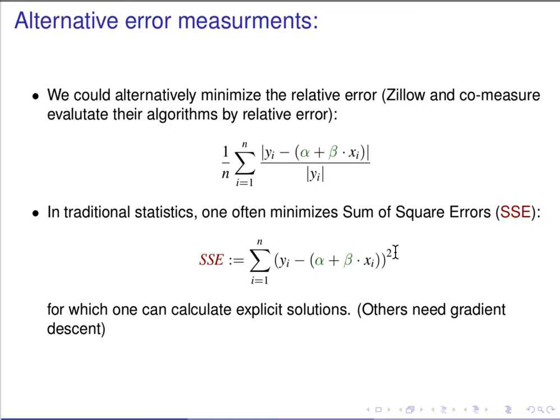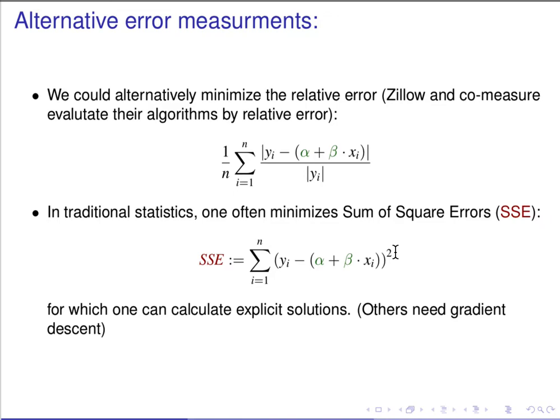That's how traditional regression is done, because with that formula, instead of minimizing the average absolute error, you minimize the squares, and you can explicitly calculate the solution very simply by setting derivatives equal to 0.